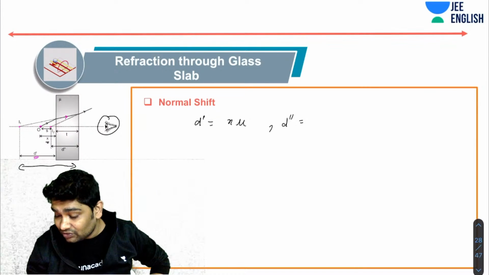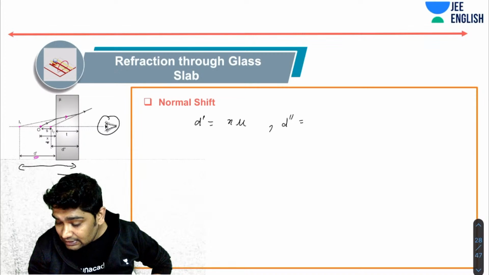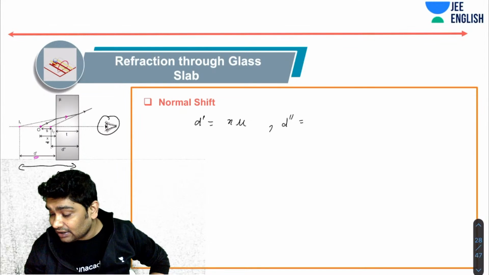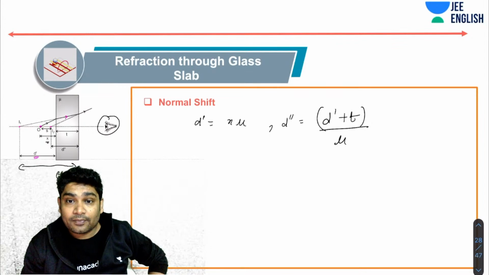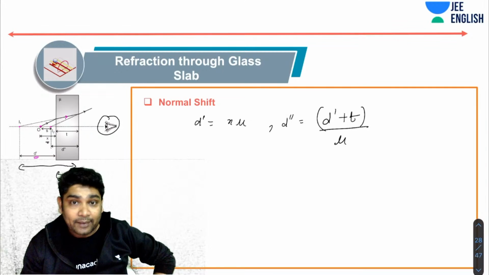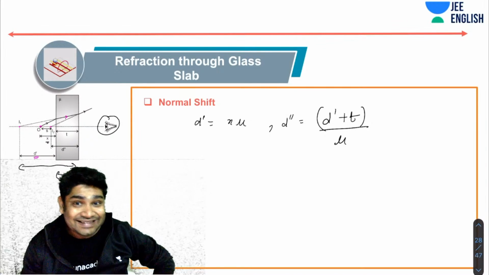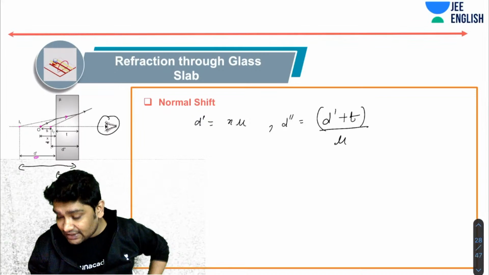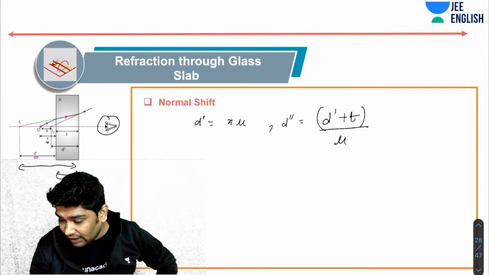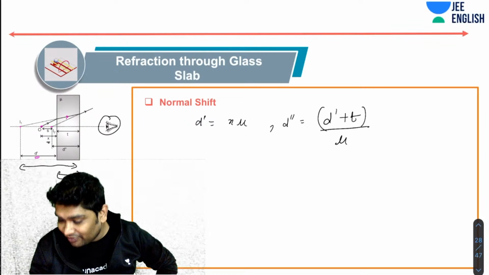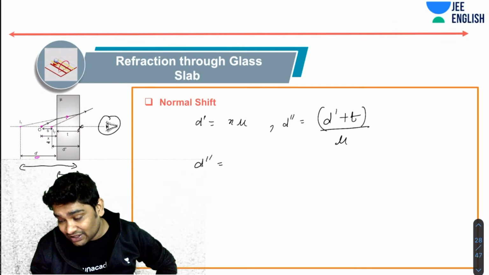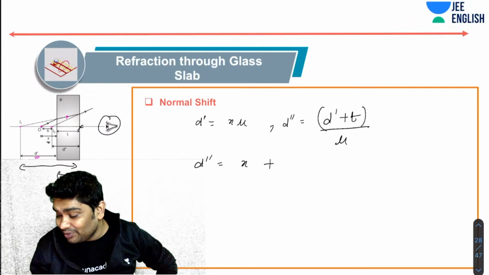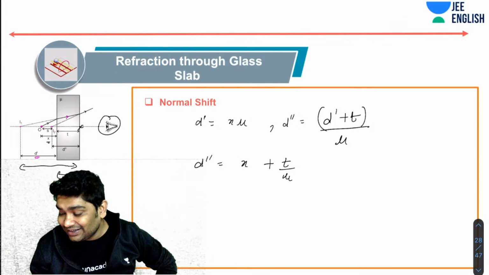This entire distance, which is t plus d dash, over mu. That is the distance that you will see. So d double dash is d dash over mu, which is in fact x plus t over mu.